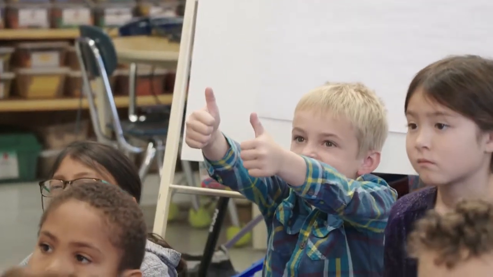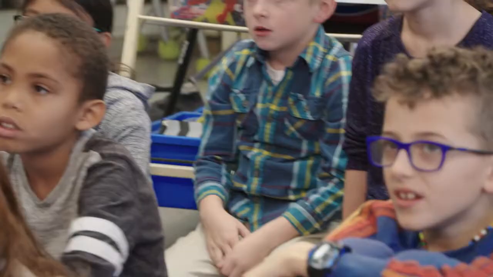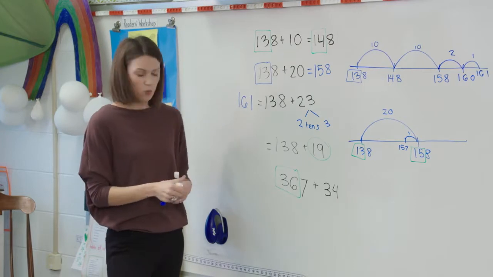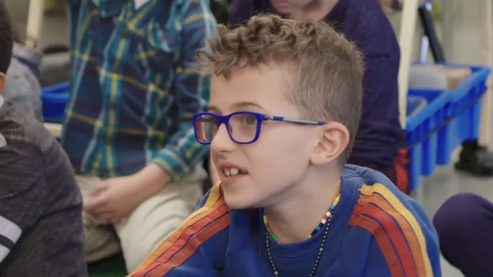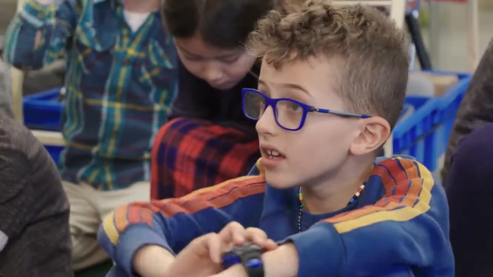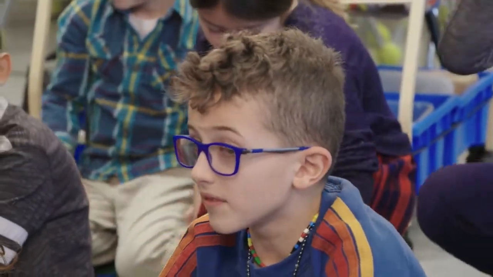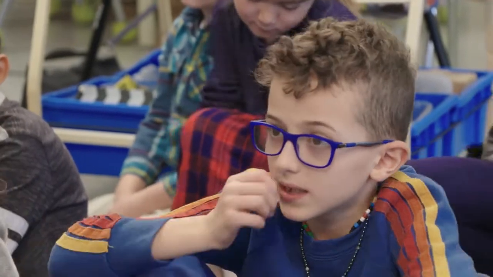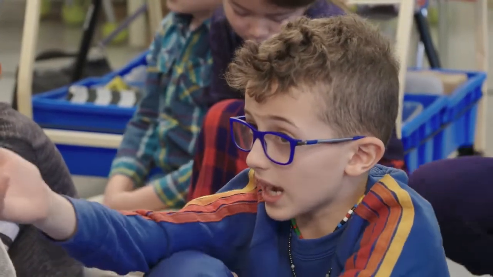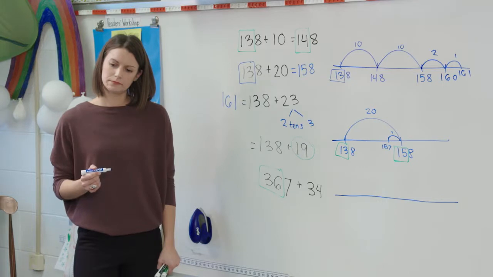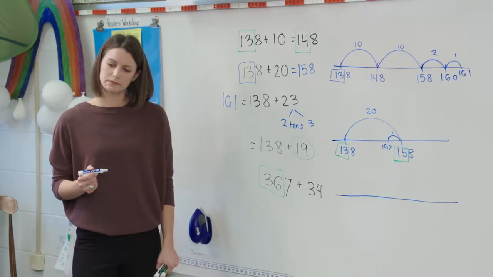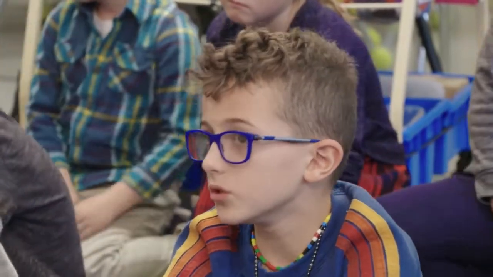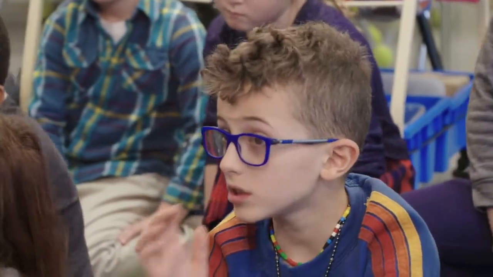Okay. Izzy? 401. 401. Okay, I need to write out your thinking. What did you do? Well, what I did is I thought if like 67, I mean, I was acting like that was 67, and then the 3 wasn't there. So then I decided to just add the 4 on first.